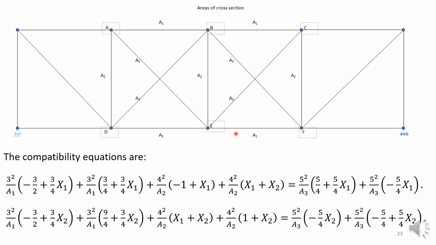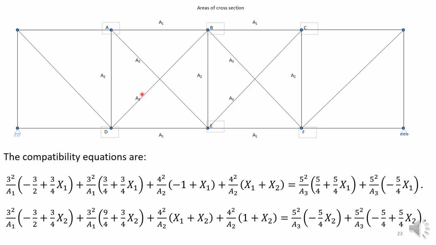cross-sectional areas of the members. I am using these values here: A2, A2, A2 for the vertical members, A1, A1, A1, A1 for the horizontal members, A3, A3, A3, A3 for the diagonals. Once I know these cross-sectional areas, I can write down compatibility equations for the two Stroops. For the left-hand Stroop, I have to use these cross-sectional areas A1, A2, and A3.